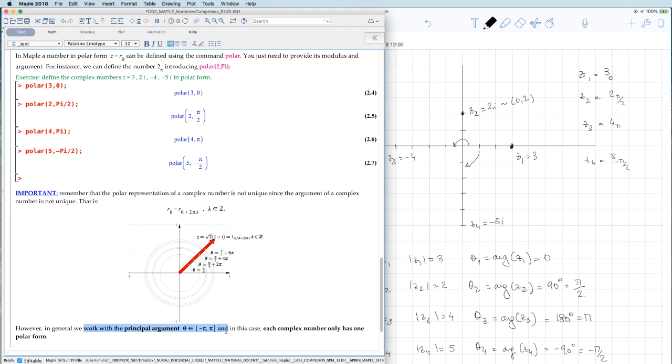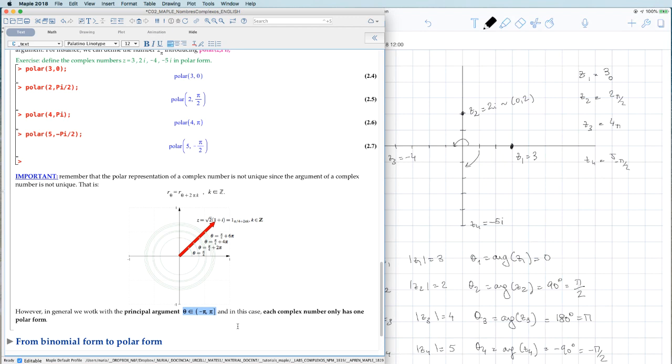However, if we use the principal argument, so of all the possible angles, we are going to use the one which is in this interval. In this case, every complex number has only one polar form.